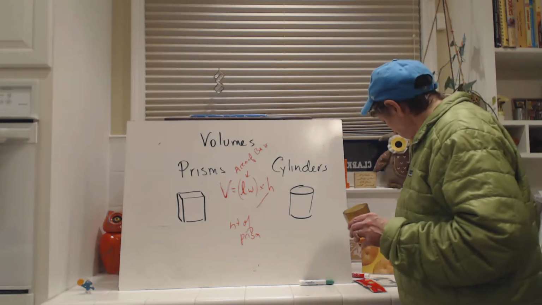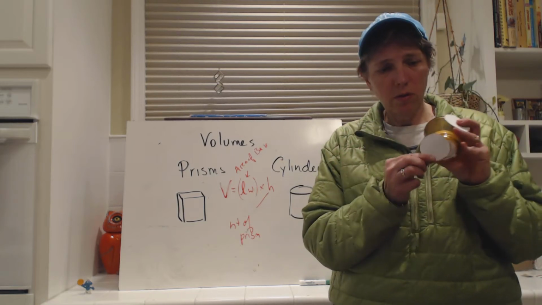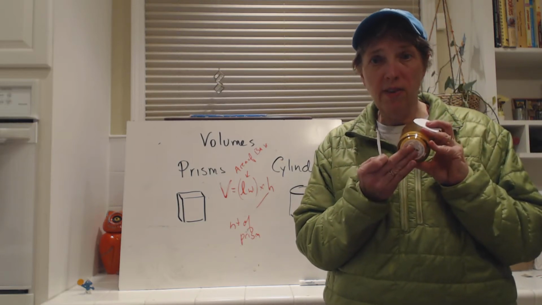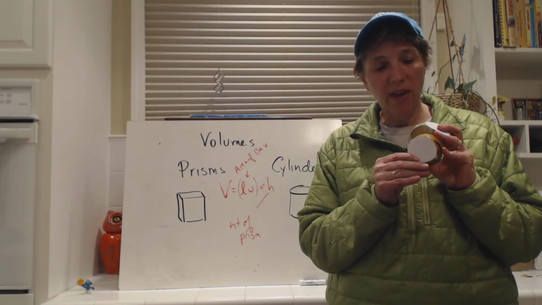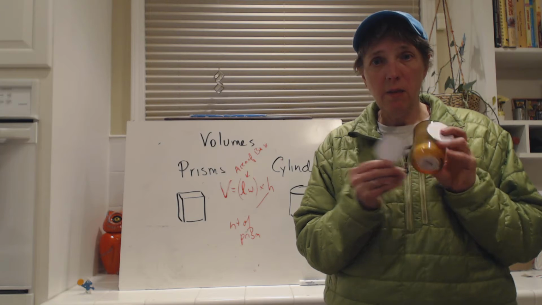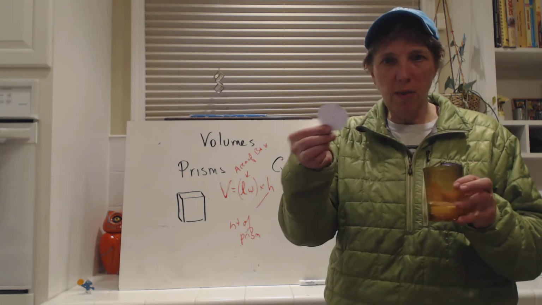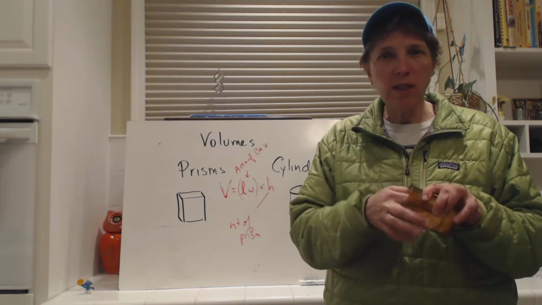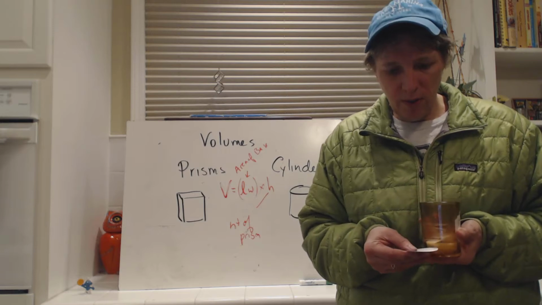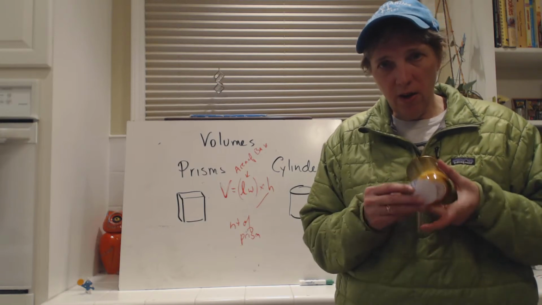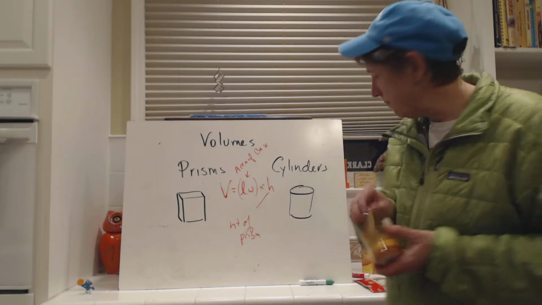I find the area of the circle on the bottom for the cylinder. To find the volume, I find the area of the base, because I'm going to fill it up, right? Let's see how many this will take to fill it up. We take these circles and we fill them up. So we find the area of the base and we multiply it by the height of the cylinder.